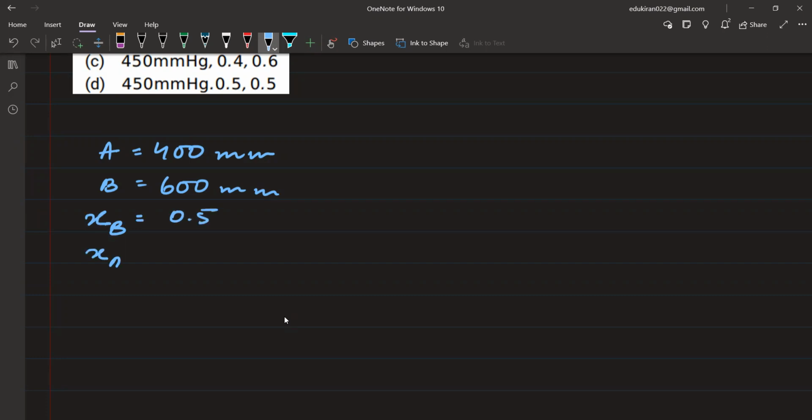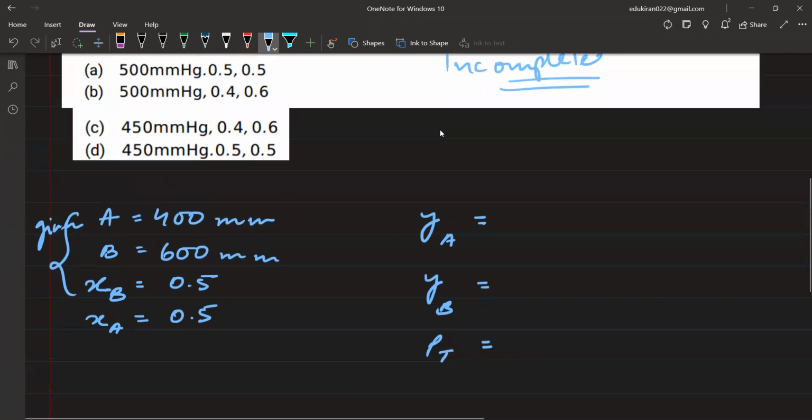तो χ_A कितना हो जाएगा? This will also be equal to 0.5. सही है? Yes or no? Please tell me. This much is given. Yes, sir. Okay. And then they're asking about what is the Y_A, what is Y_B? That means the mole fraction of A in vapor phase, mole fraction of B in vapor phase, and also the P total. Okay. P total calculate करना तो बहुत ही आसान हो जाएगा.